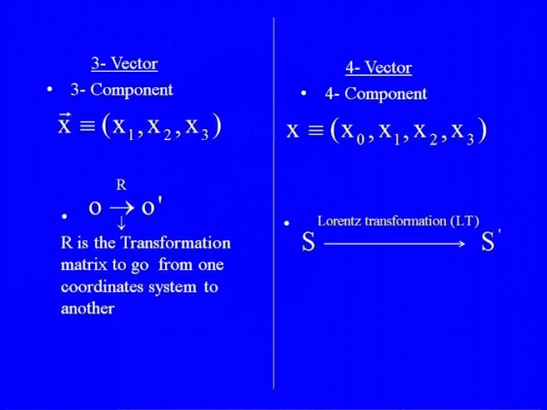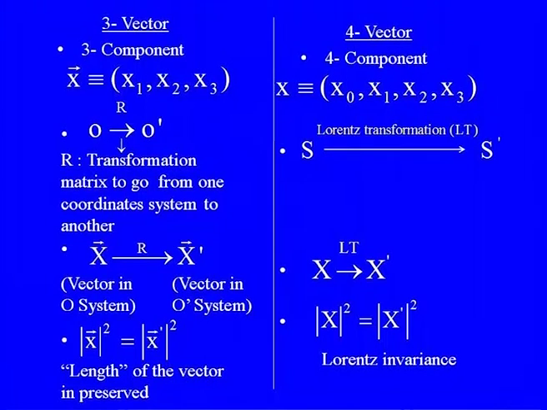And similarly, in this case of O vector, it is the Lorentz transformation which is transforming from S to S prime. Now, a vector, we define a vector to be that physical entity where you look at the 3 vector part. So, if you look at the 3 vector part, you see that vector x is transformed to vector x prime.